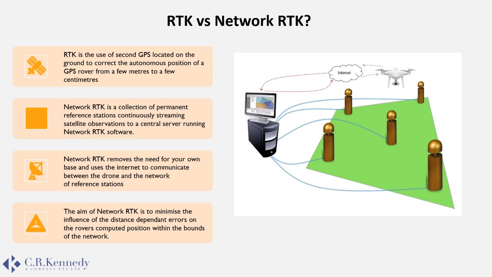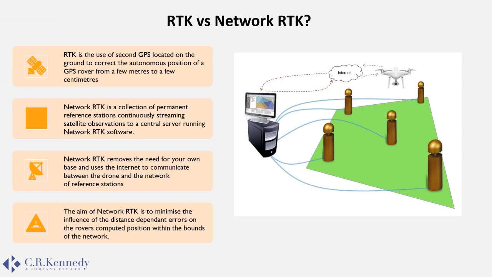The drone uses the internet to obtain the correction from other GPS in real time as it's flying, using real-time kinematic or RTK GPS. However, as the distance between the drone and the GPS base increases, so do the errors. Therefore, we use a network of reference stations to cover a large area and a variety of methods and algorithms to send the drone the best solution at any given time.